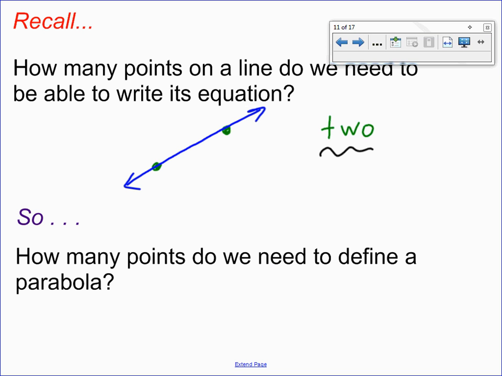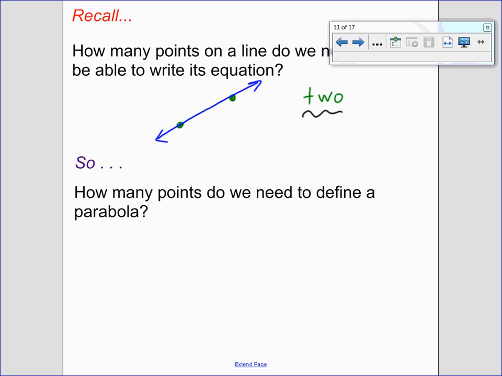So then what if we were trying to write the equation of a parabola, y equals x squared, a degree 2 polynomial? How many points would we need? Would 2 points be sufficient?